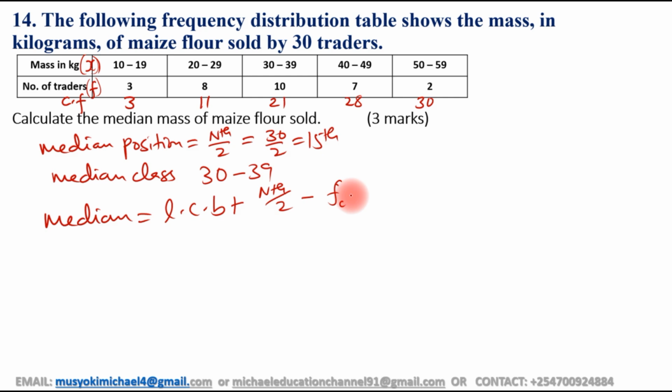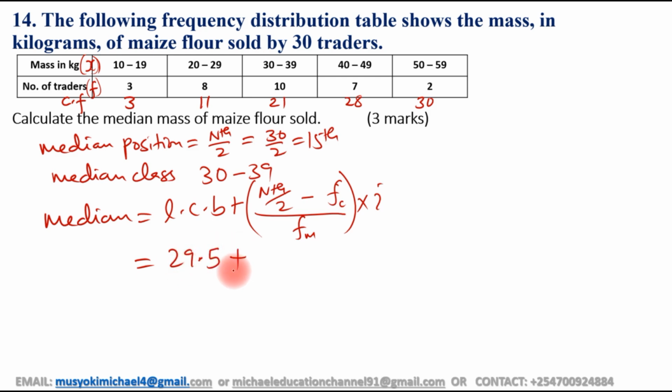class boundary plus n/2 minus cumulative frequency preceding the median term, divided by the frequency in the median class, times the class interval.